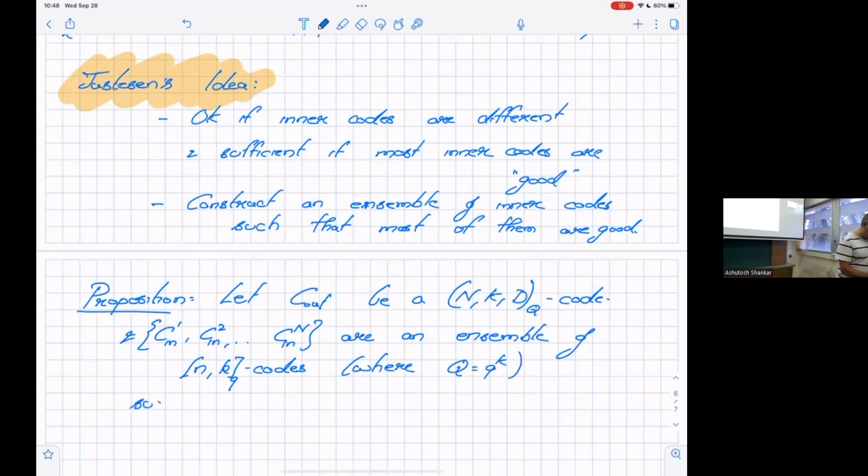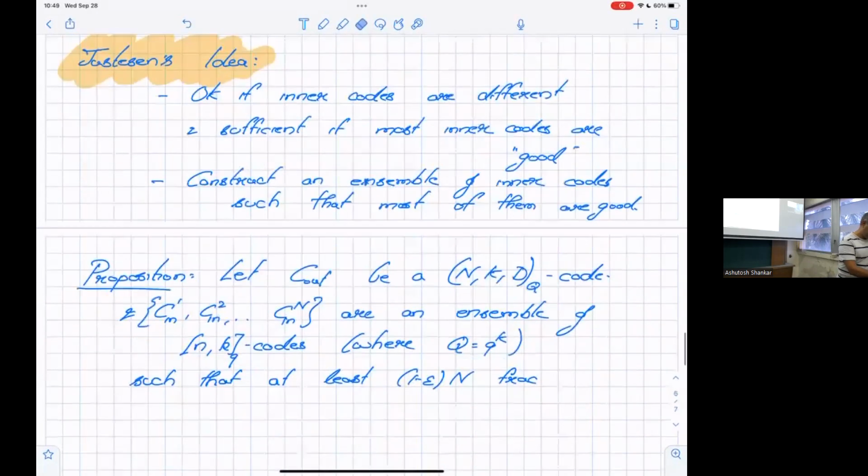such that at least 1 minus epsilon n fraction of inner codes have distance at least small d.